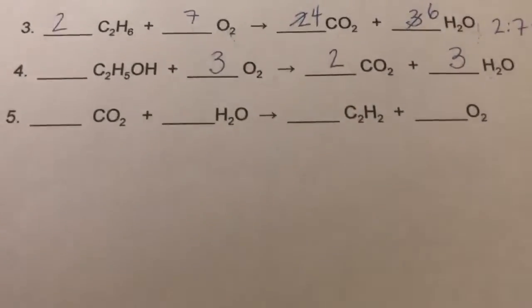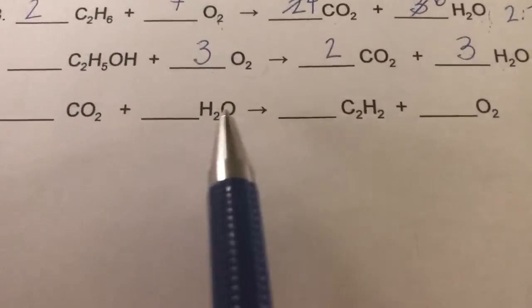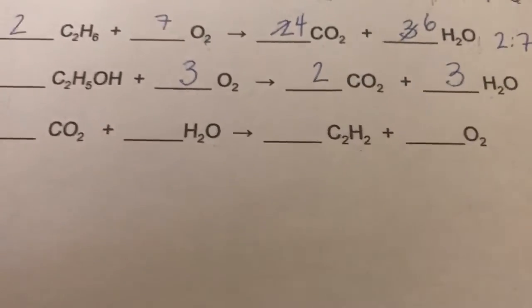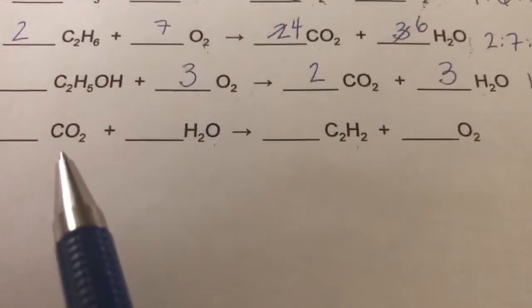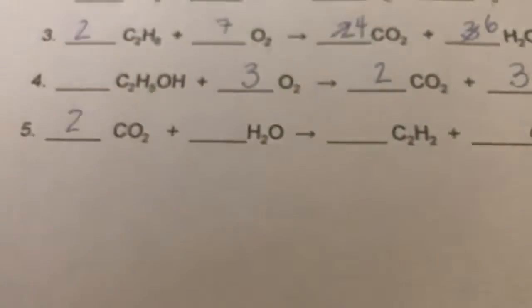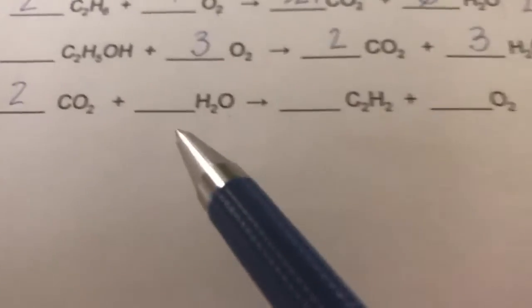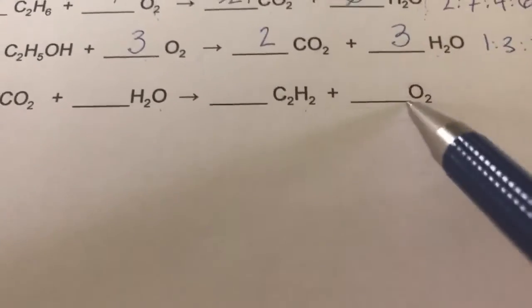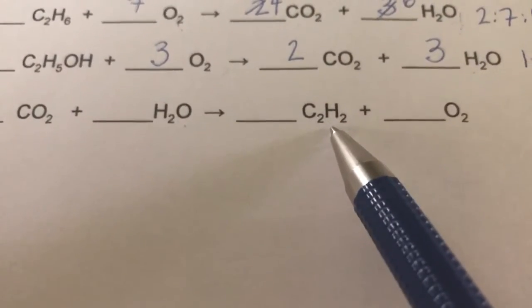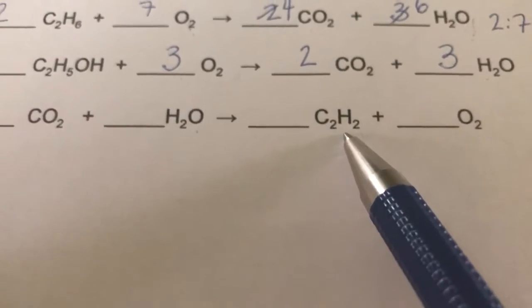And the last one. Carbon dioxide and water produces acetylene gas and oxygen gas. Start with my carbons first. 1 carbon to 2 carbons, so I need a coefficient of 2. I have oxygen as a diatom, so let's start with my hydrogen first. 2 hydrogens to 2 hydrogens. We're good.